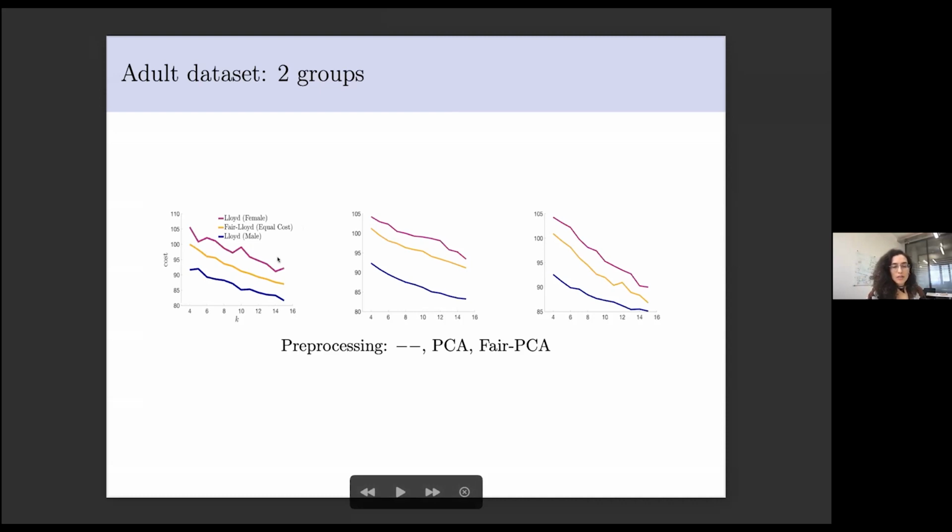The purple line is showing the average clustering cost for a female individual in the data, and the blue line is showing the average clustering cost for a male individual, and the yellow line is showing the average clustering cost achieved by fair Lloyd, which is equal for these two different demographic groups. We saw similar results using different pre-processing techniques as well. So as you can see, fair Lloyd is closing the gap between these two average costs.